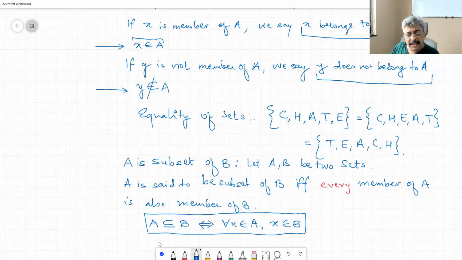So A is a subset of B if and only if for every x belonging to A, x belongs to B. That every is important, and this every in English and for all or for every in maths is going to be very useful to us. It carries a lot of importance. So if we say that A is a subset of B, then we have defined it successfully.